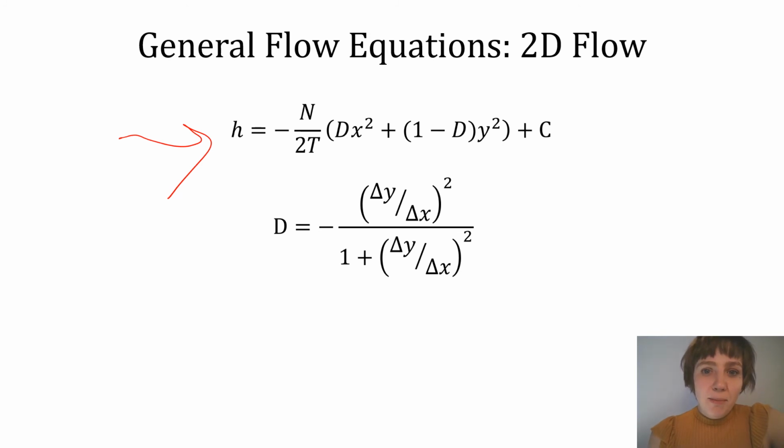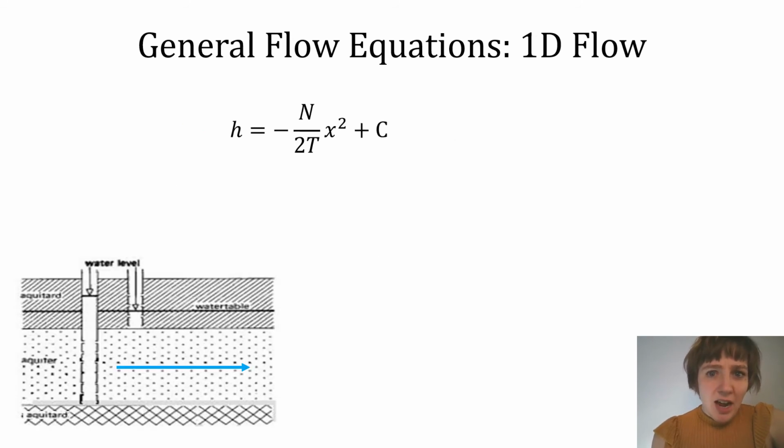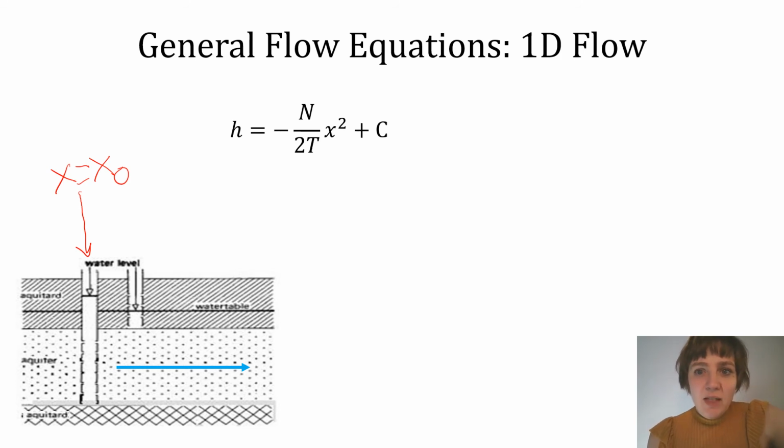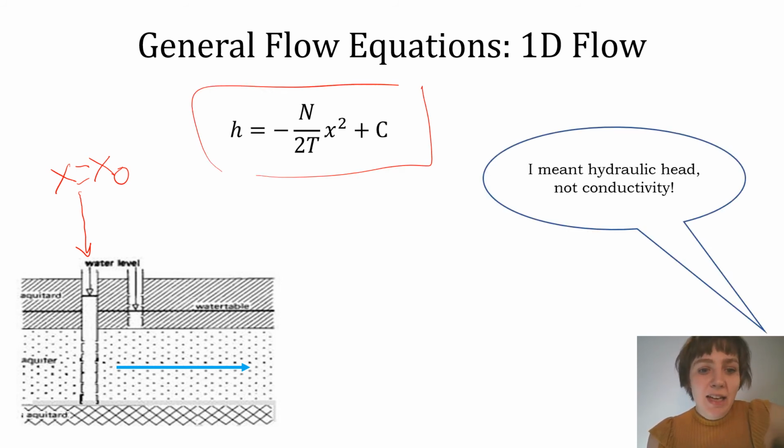To make things a little simpler, I'm going to go ahead and set d equals 1 to model 1D horizontal flow in the x dimension. Now, if we consider a specific location in our system, for example, if we put x equals x naught at our well here, then this equation will give us the value of hydraulic head at x naught, right?